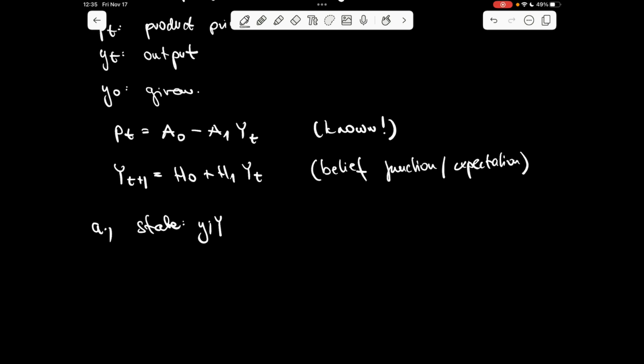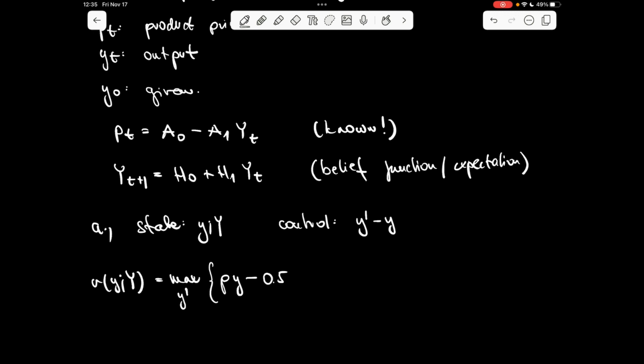The decision or control variable is the change in output. It's easier to form the problem in this way. So the Bellman equation is built on the maximization with respect to output next period.